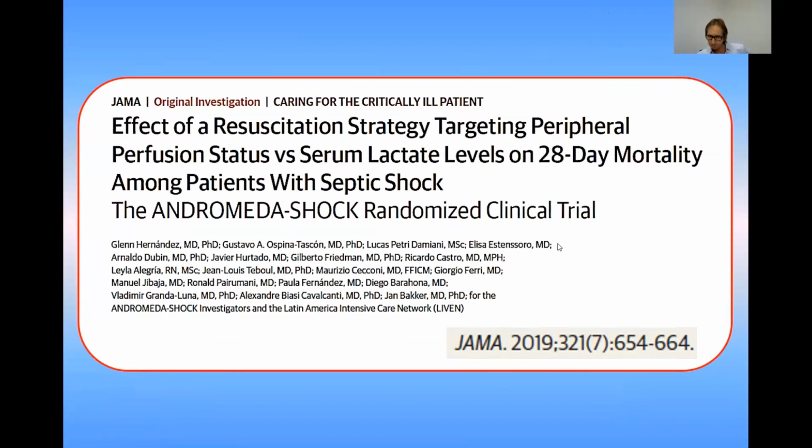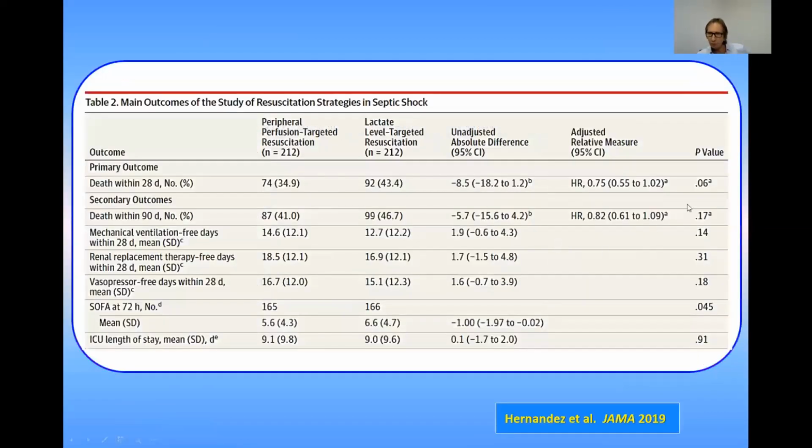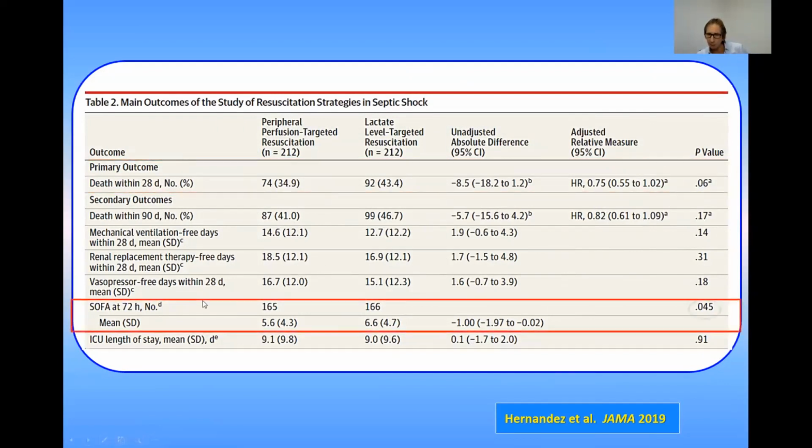And interestingly, they found no difference in terms of death at 28 days, but the p-value was almost significant. The p-value was 0.06, in favor of the skin perfusion markers. And also the SOFA score at 72 hours was better in patients resuscitated according to the skin perfusion markers compared to lactate decrease.